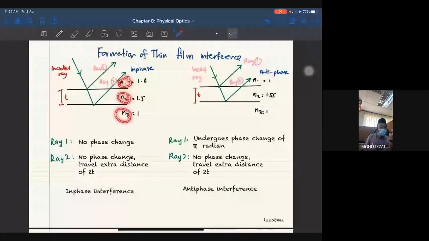Okay. When I taught thin film, the first thing I taught is how to determine whether it is in phase or antiphase. Straight away I showed an easy way: you draw two lines, you determine n1, n2, n3, and then you substitute all the values 1.6, 1.5, and 1. And then you ask yourself whether all of these numbers are in sequence or not in sequence. If it is in sequence, it is in phase.